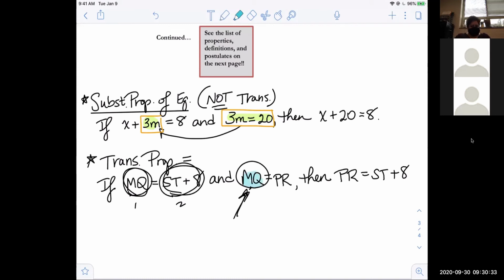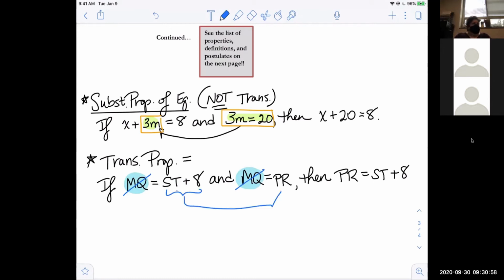Is this the same as that, or neither of them? It's the same thing, right? Yeah. So because we have this whole side matching with this whole side, we can take those out and relate the other things to each other. Okay, so transitive, we're going to wipe out an entire side of the 2 equations, right? And then mush them together.